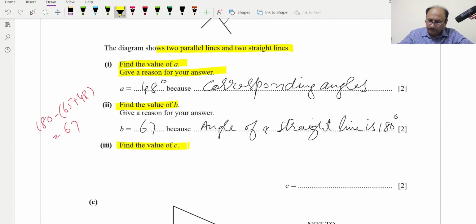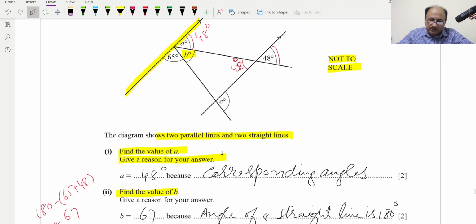Find the value of c. So c value is this one. So now we have this angle, 67 degrees, and this one is 48.